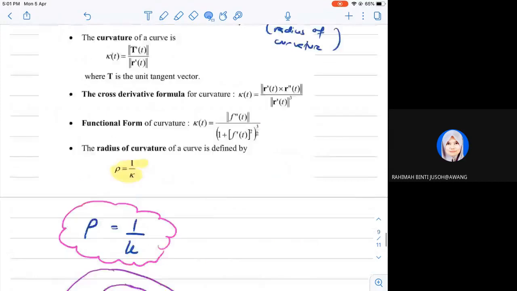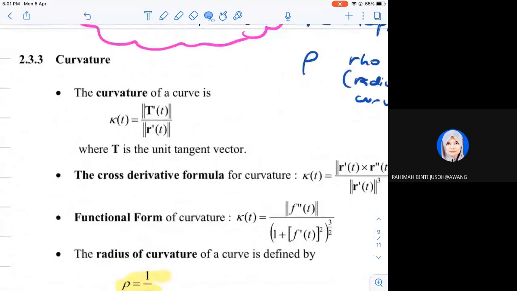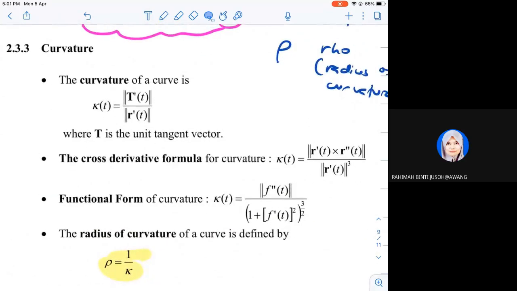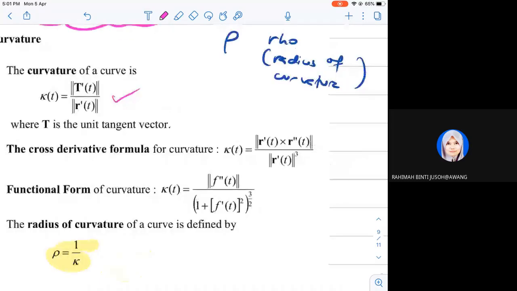Okay, before that, guys, saya nak bagi tips sikit. Kalau soalan tu melibatkan trigonometric function, better guna formula yang pertama ni. Tapi kalau soalan tu melibatkan combination, polynomial ada, trigo ada, exponential ada, lebih selamat guna formula kedua.